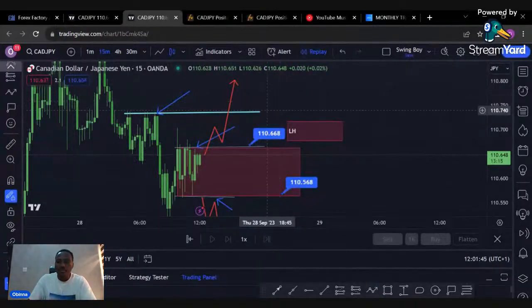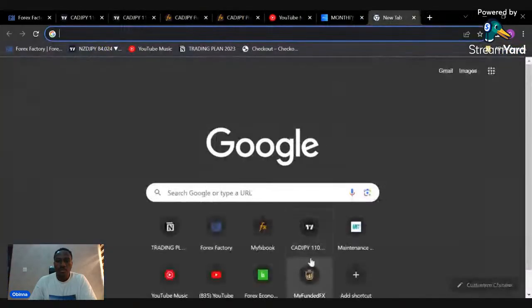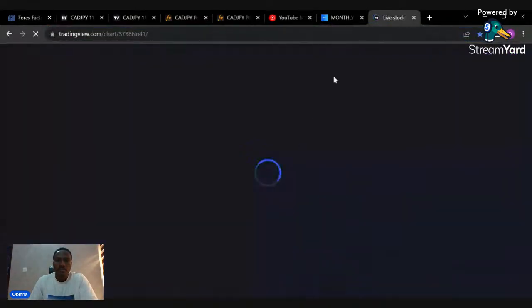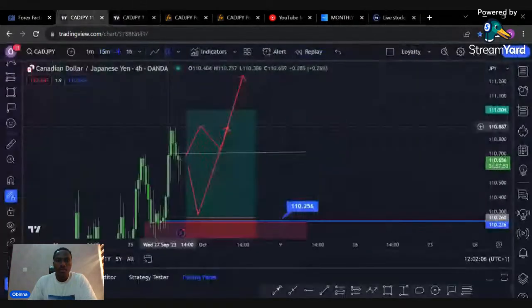Okay. So let me see if we have any other person that wants me to look at a pair. Let me see. So I'll leave this two. I use this two for myself.